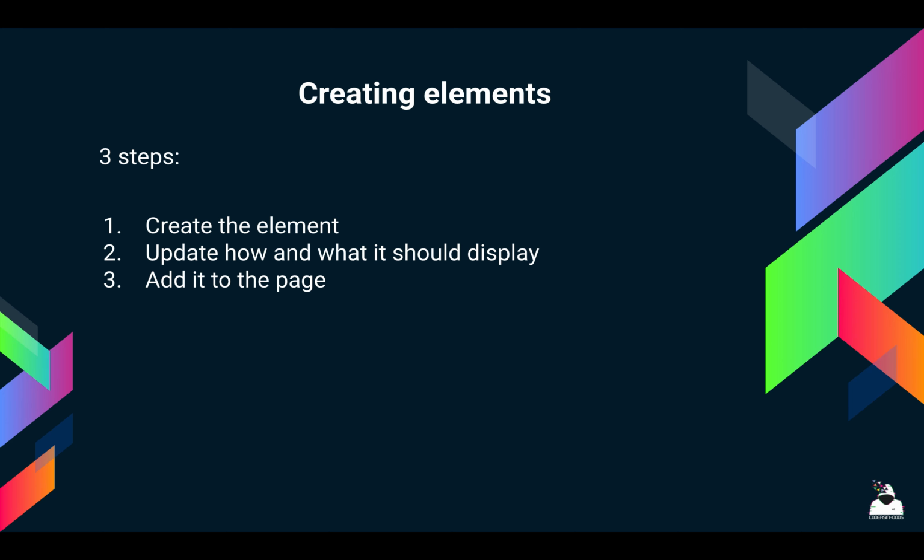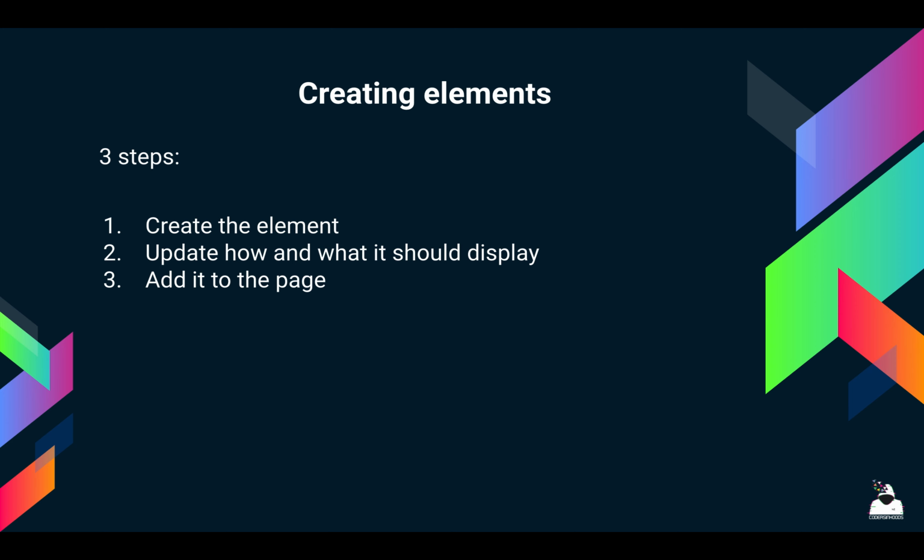So when you're creating elements, there are generally three steps to this. You create it, you update it to decide what it should actually display and contain, and then you add it to the page. You can do steps 2 and 3 in the opposite order, but to me this makes the most logical sense.